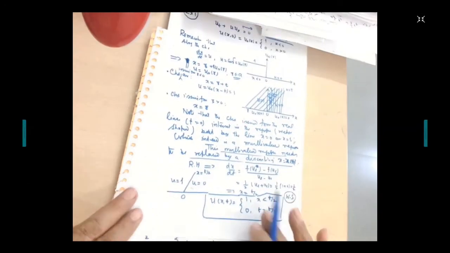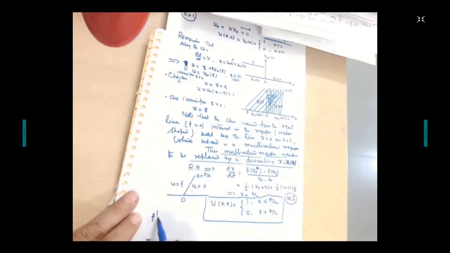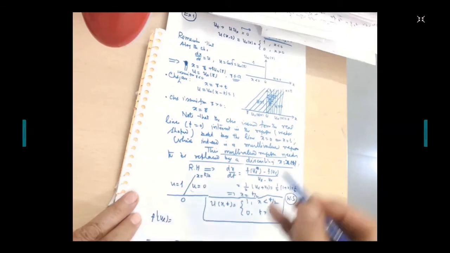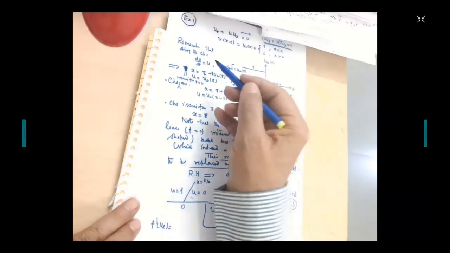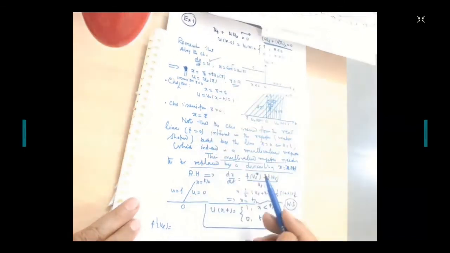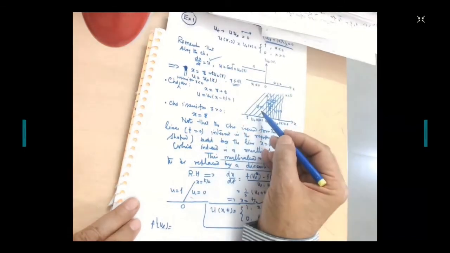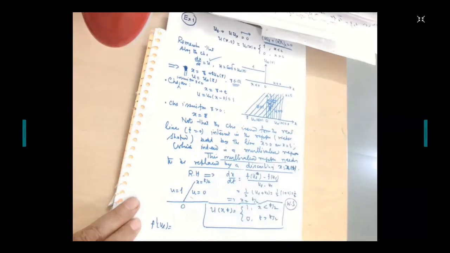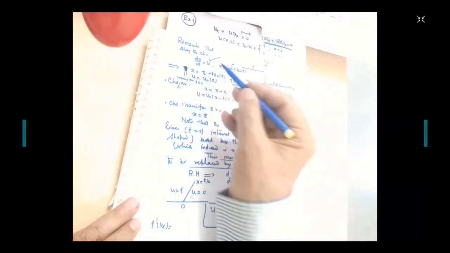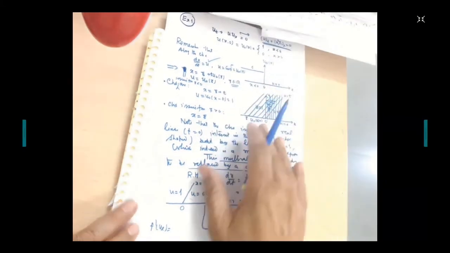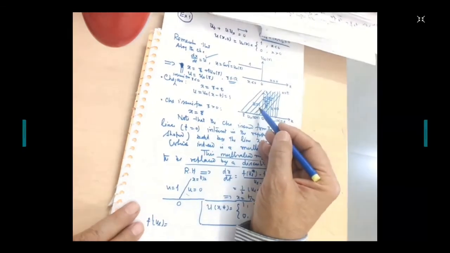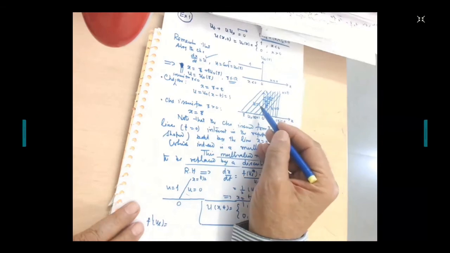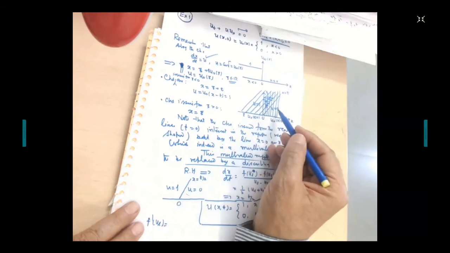Moreover, you can see that f dash ul is dx dt. What is dx dt? It is nothing but f dash u, which is nothing but your u. And you can see here it is 1 and here it is 0. So f dash ul is greater than f dash ur.